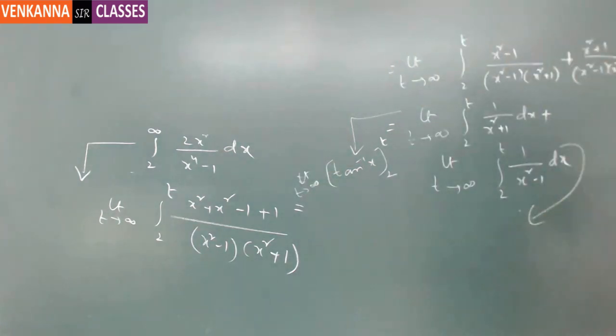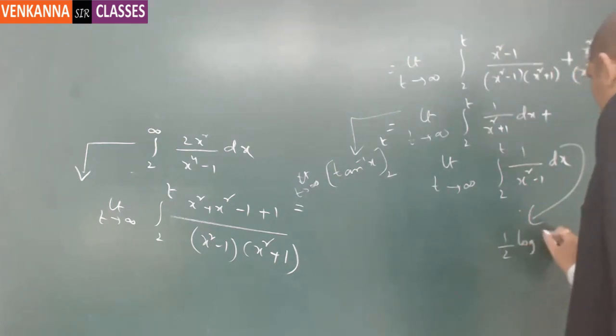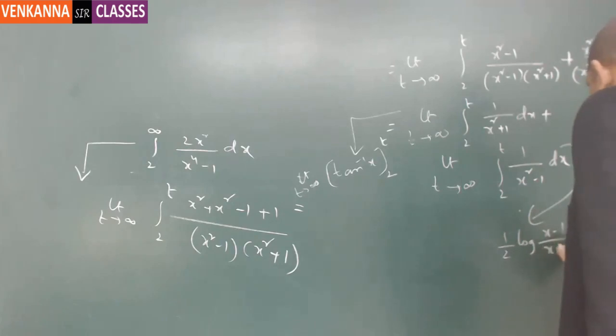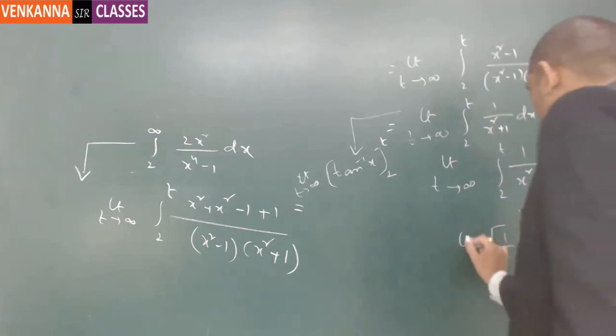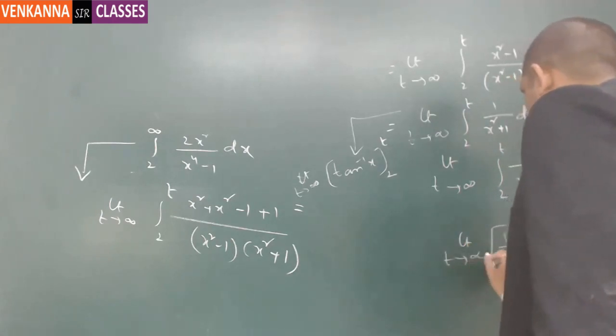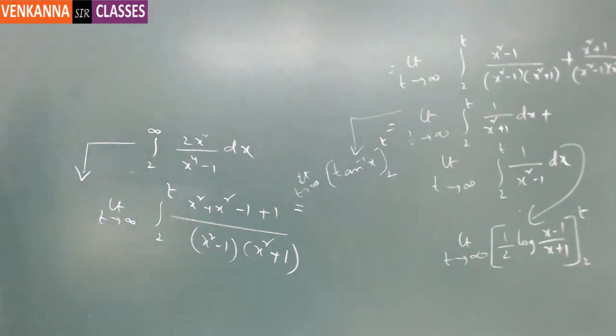And for this, I think the formula will be 1 by 2 into log of x minus 1 by x plus 1. Can you recollect that formula? It is simply based on the standard integration formula. That's it. Nothing else is there.